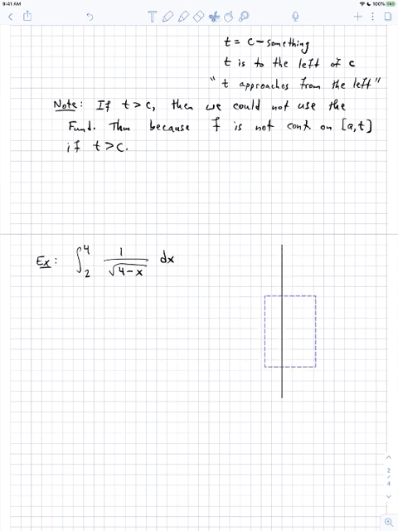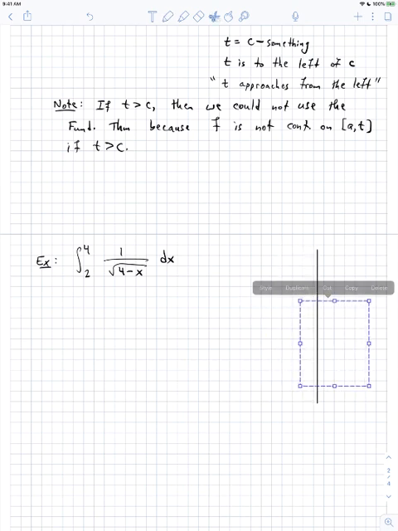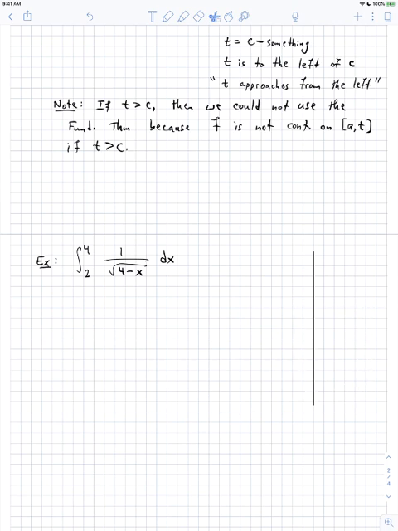Let me just move this y-axis over a little bit, like that. Well, that's a little too far. Let's try that again. Let's leave it over there. And we'll draw our x-axis here. We don't really need the y-axis for this.